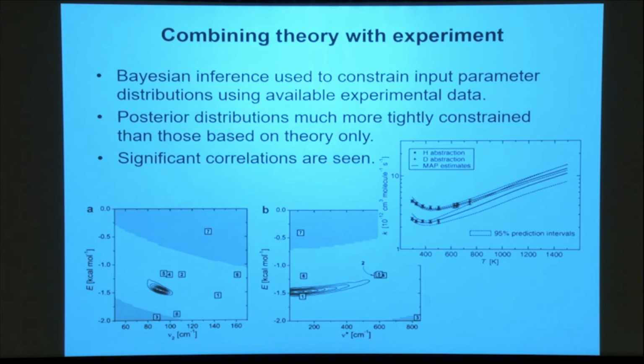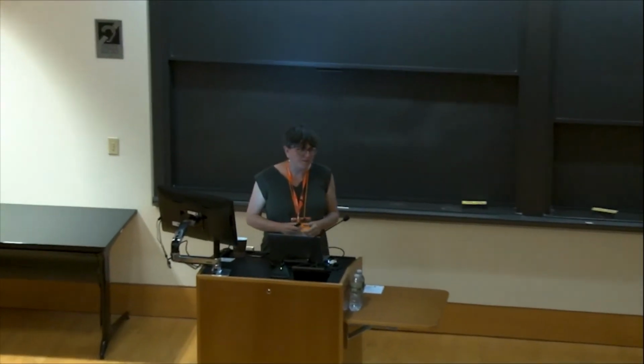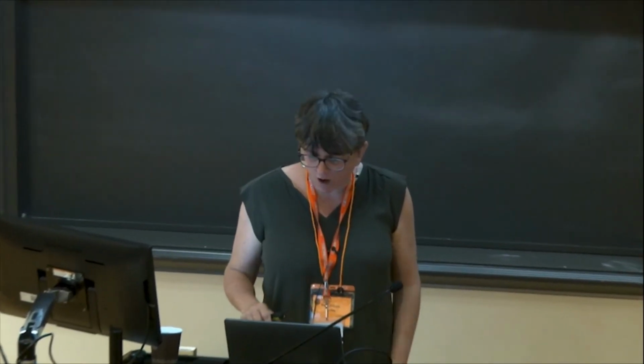Okay, we have a better description of our potential energy surface, but now we need to pay attention to these correlated inputs. So what this shows is that by combining theory with experiment, we can do much better in predicting our rate constants. So the errors are overall much lower.